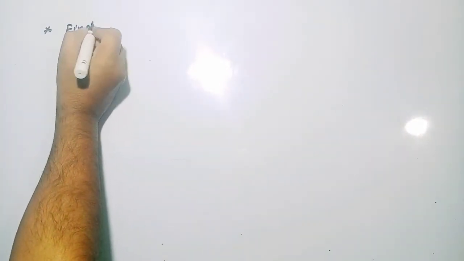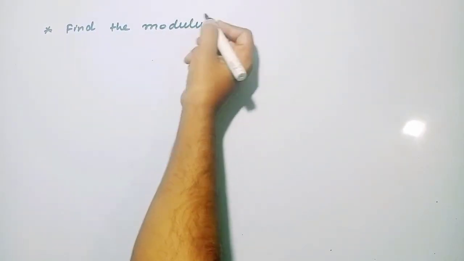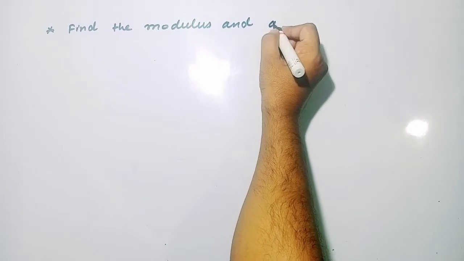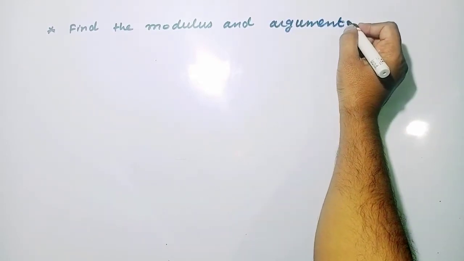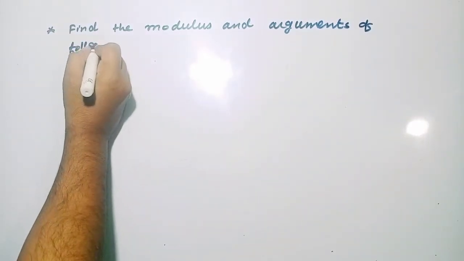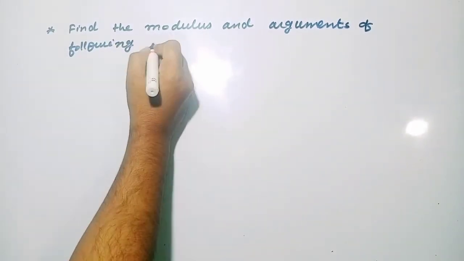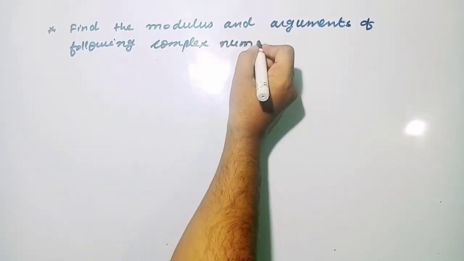Okay students, in the very first question, we have to find the modulus and arguments of the following complex numbers. What we have to do to find the modulus and arguments of complex numbers?